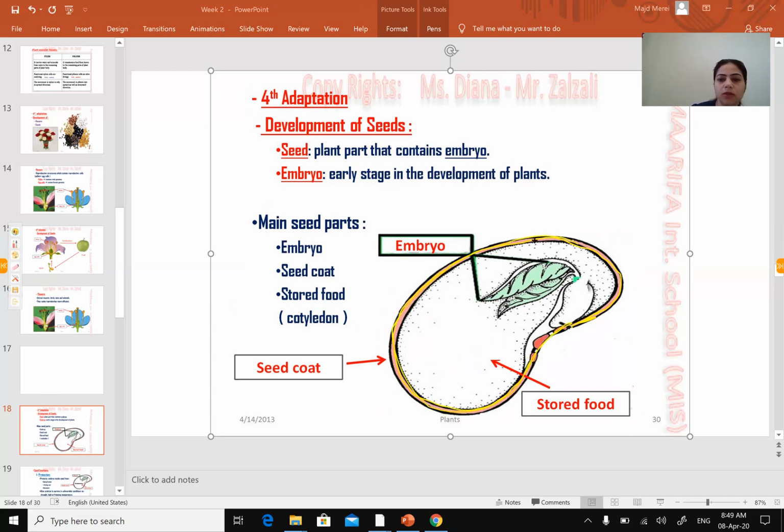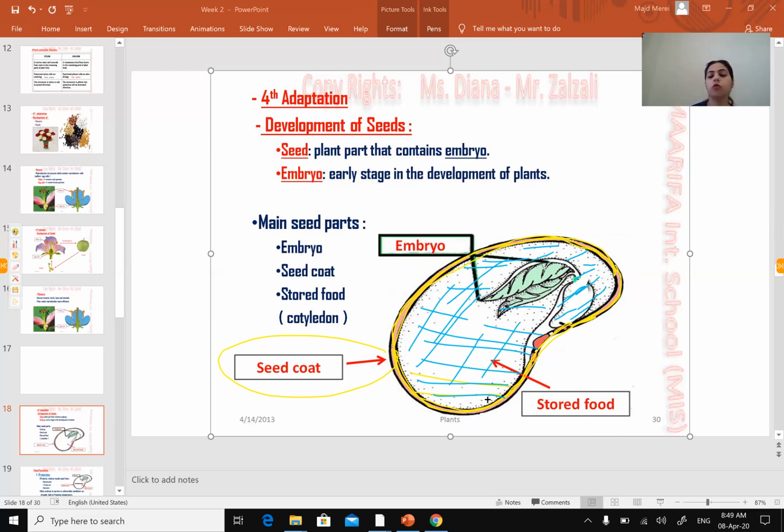Okay, so the outermost one, the seed coat. Okay, now inside the seed, we have stored food. Stored food. I'm going to use the red, the blue. Okay, this is what the stored food.